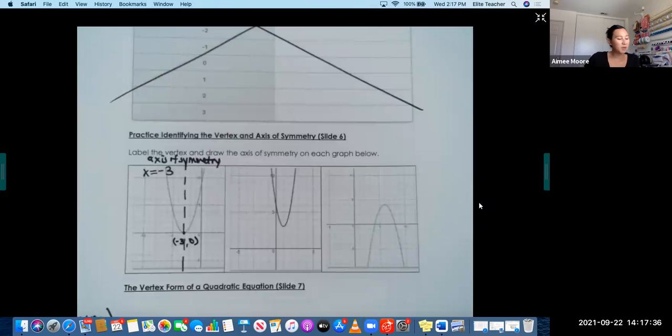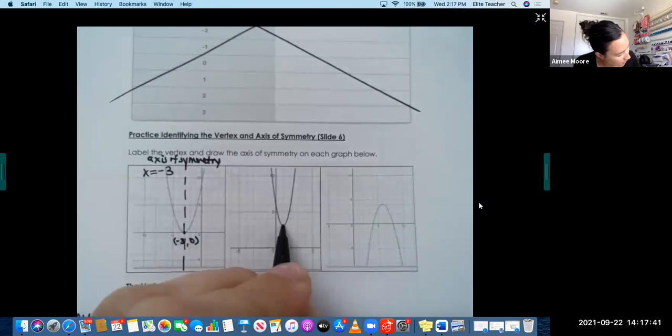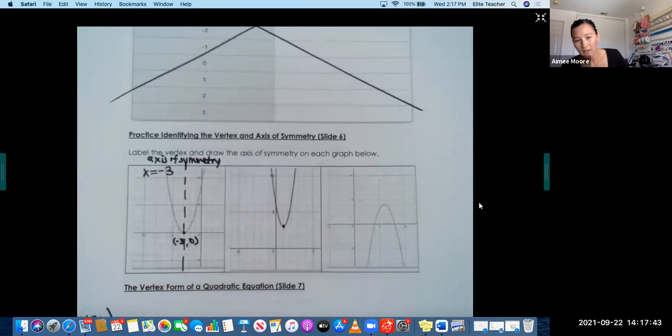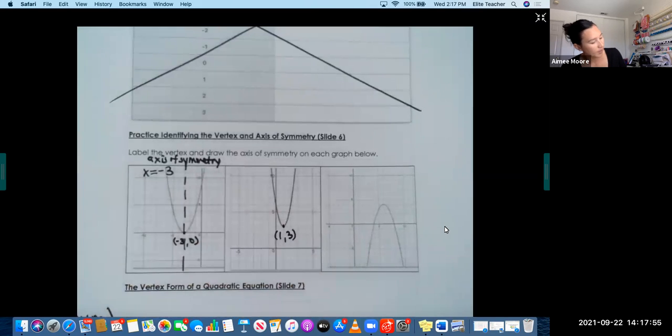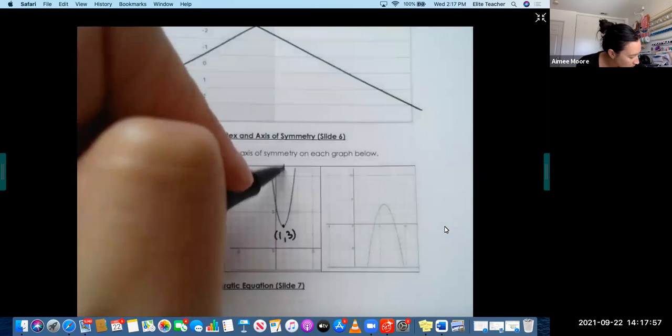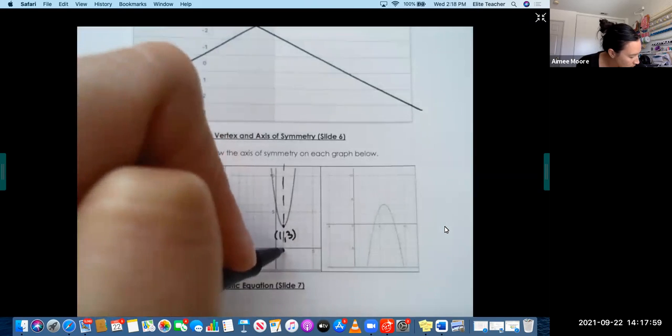All right, can someone tell me what was the vertex of our second graph? You can send in the chat if you don't want to speak. Very good, Victoria. Thank you. It is 1, 3. And then we just draw our axis of symmetry through the vertex.